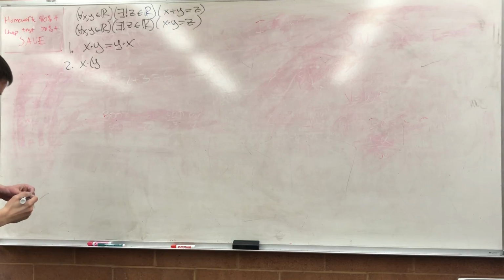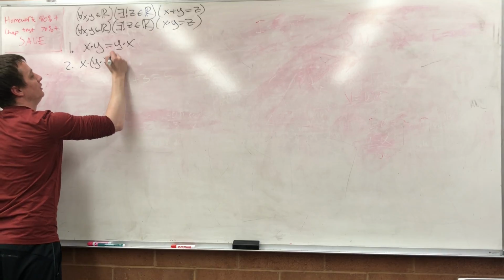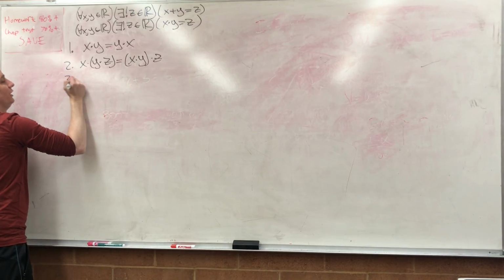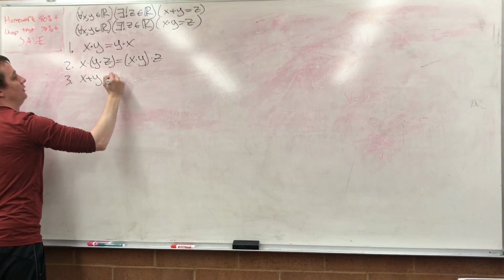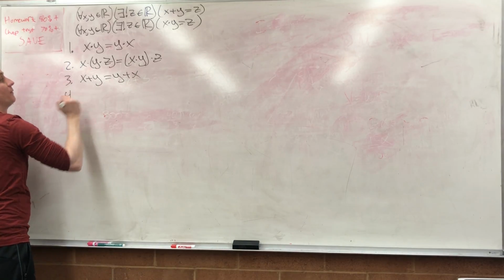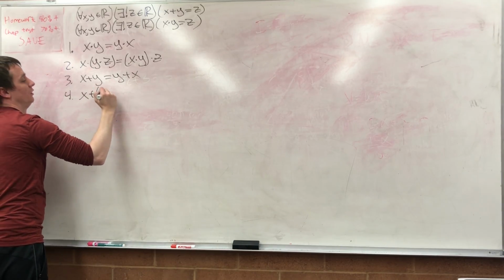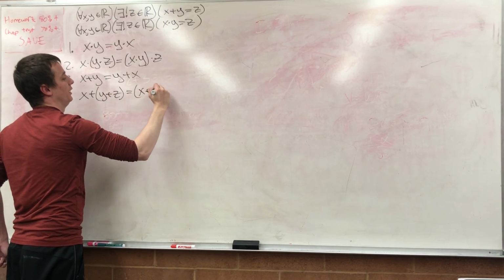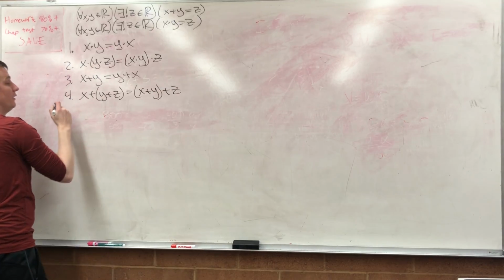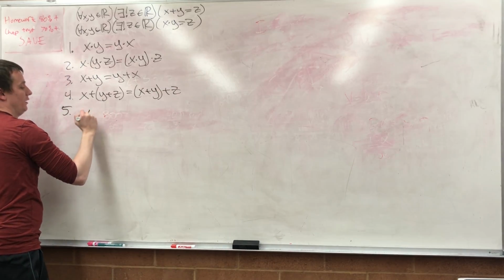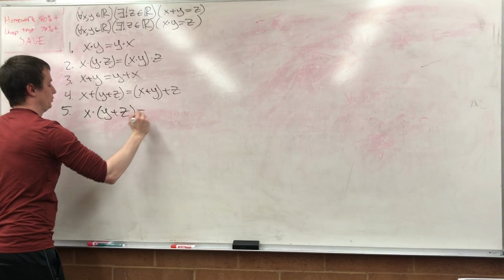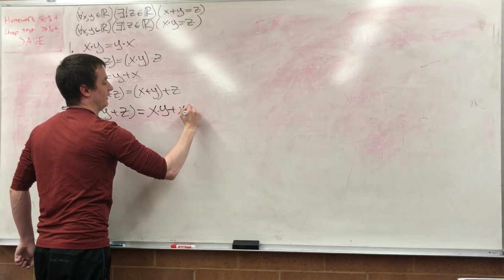I don't want to use z now because I used it up there, but I'll just use it. x times y times z is equal to x times y times z, grouped differently. 3, x plus y is equal to y plus x. 4, x plus y plus z is equal to x plus y plus z, grouped differently. 5, x times y plus z is equal to x times y plus x times z.